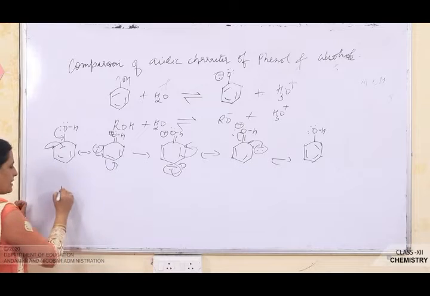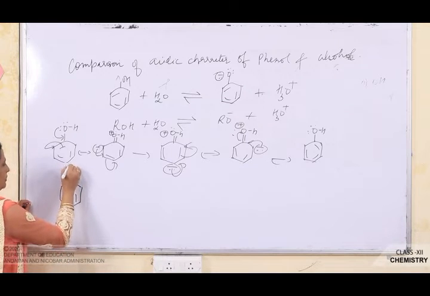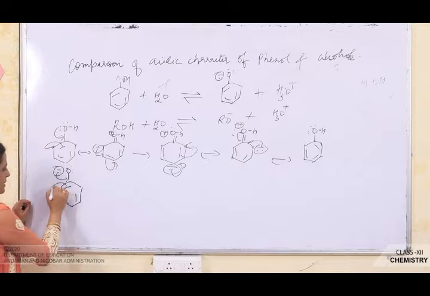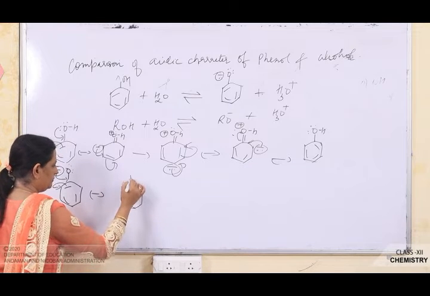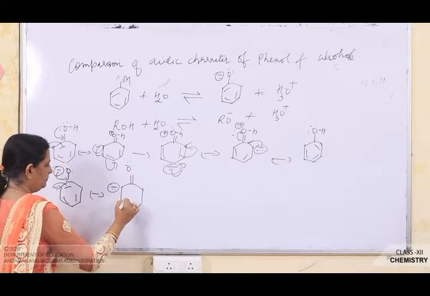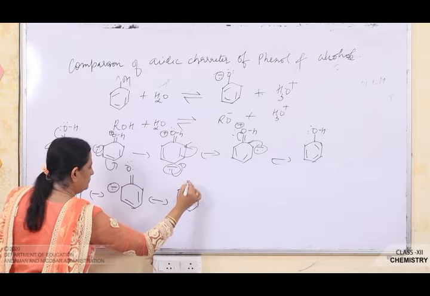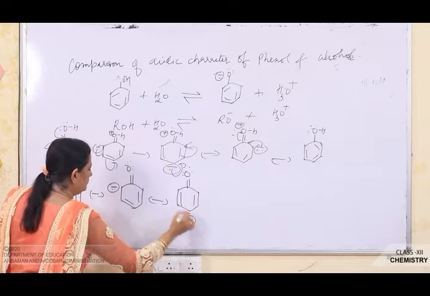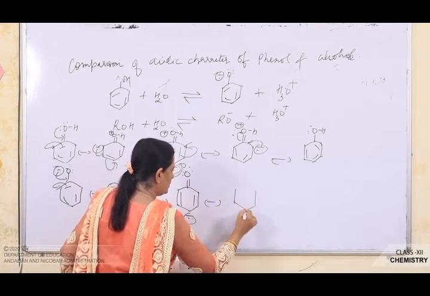Now let us see the phenoxide ion formed. In this case also resonance is possible. Why? Because apart from its lone pair, it has a negative charge. So that negative charge will be involved in resonance. The negative charge is involved in resonance.